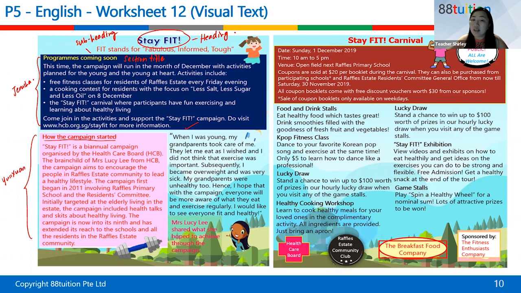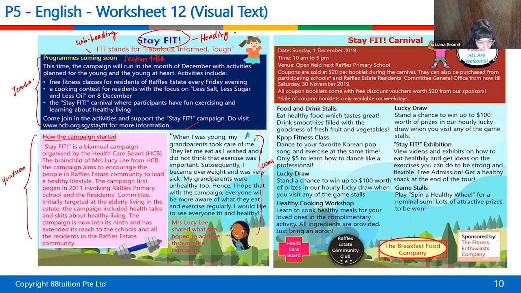Now, next part, I think we will get Jerusha read already. Liana, okay, Liana, you'll read this portion here. When I was young, my grandparents took care of me. They let me eat as I wished, and I did not think that exercise was important. Subsequently, I became overweight and I was very sick.